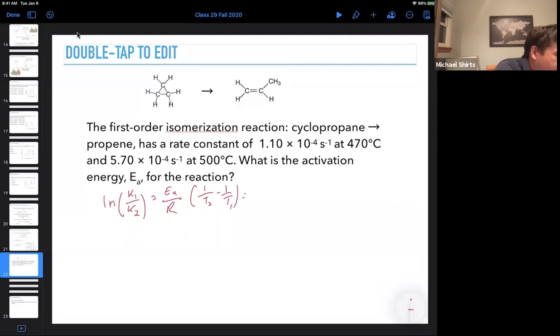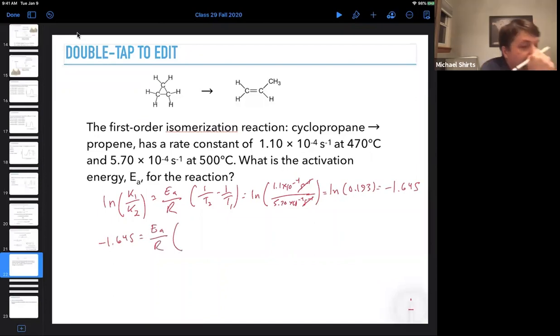That is the log of 1.1 times 10 to the minus 4 inverse seconds over 5.70 times 10 to the minus 4 inverse seconds. The inverse seconds cancel, which is good whenever we're taking a log. We should have something with no units, equals log of 0.193, which is equal to minus 1.645.